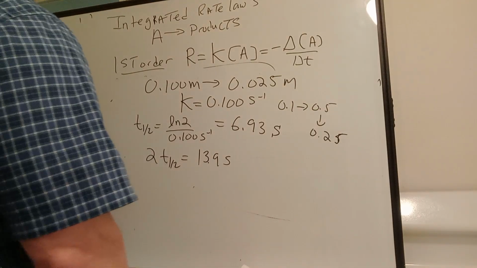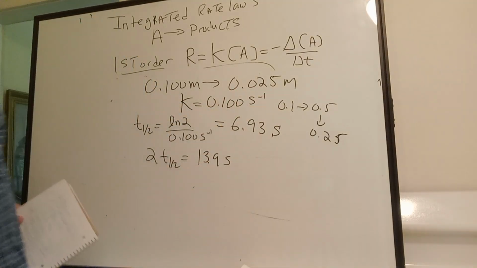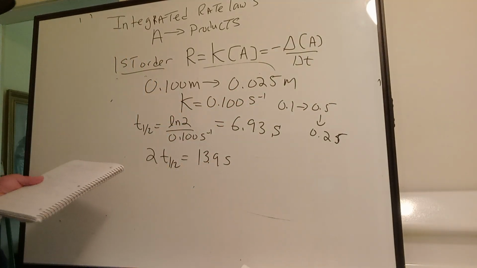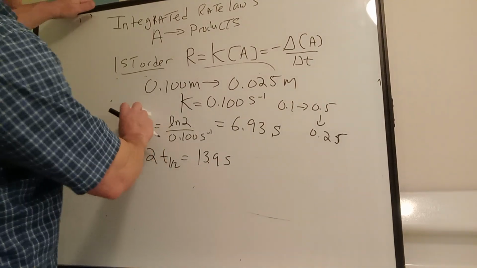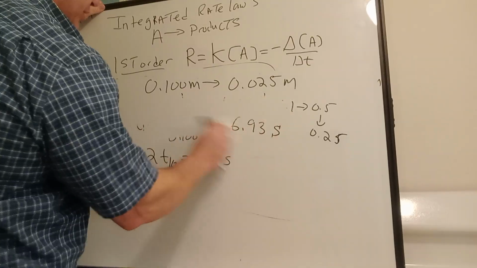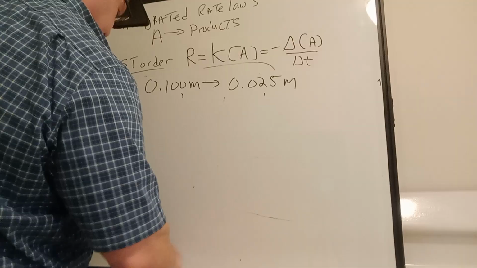That would be the time to go from 0.1 molar to 0.025 for this first order process: 13.9 seconds. Do you have to do it that way? No. If you forgot that way, you can readily do it for the same rate constant, same problem, like such.